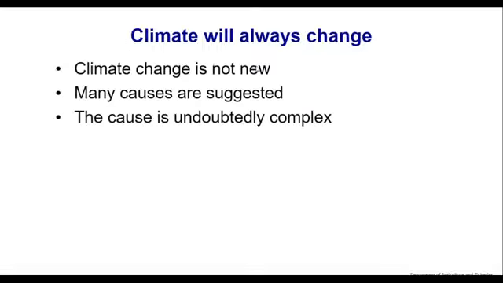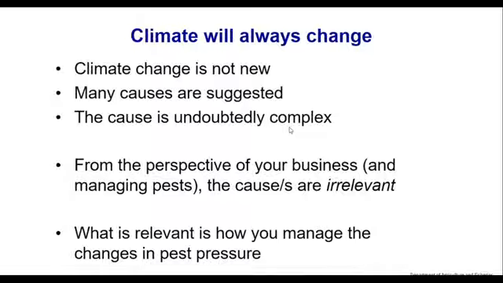Climate's always been changing. And we're really not going to go into the causes of climate change here. It's going to be a complex issue. From your business's perspective, and in terms of managing pests, the causes are actually irrelevant. What is relevant to your business is how you manage the change in pest pressures over time.